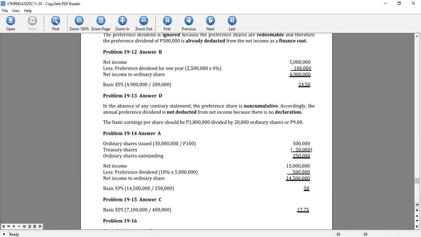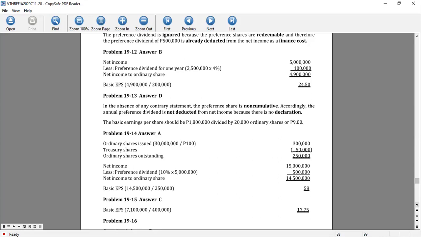We have the net income of 15 million for the current year. Then we deduct the preference dividend at the rate of 10% of 5 million. So the preference dividend is 10% cumulative. We multiply 10% by par of 5 million, we get 500,000.